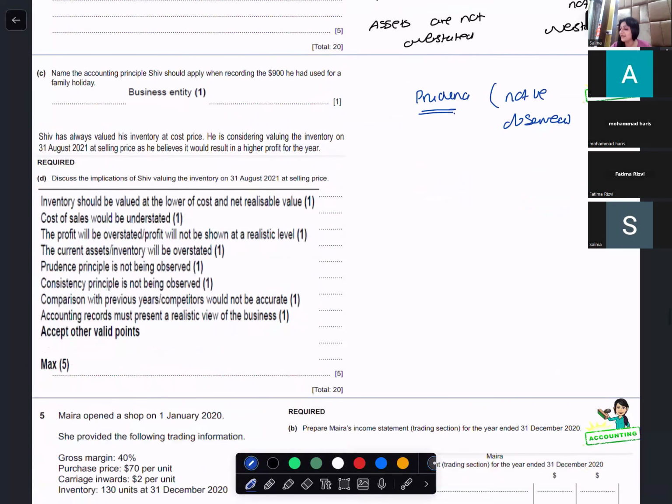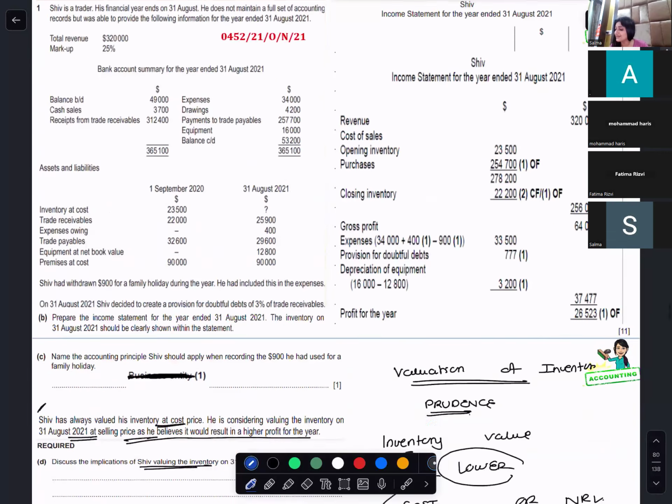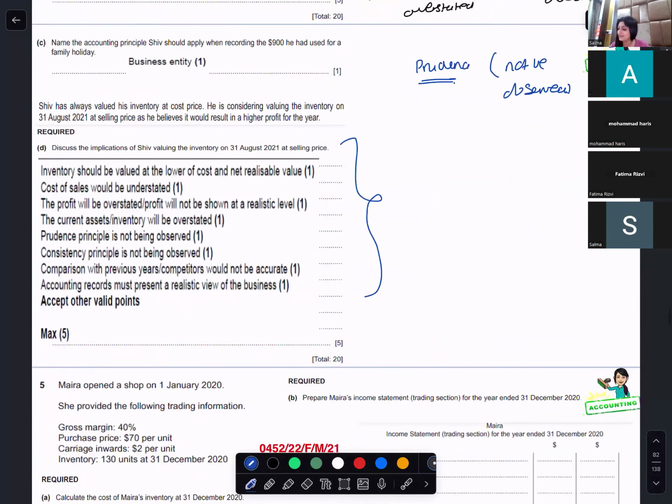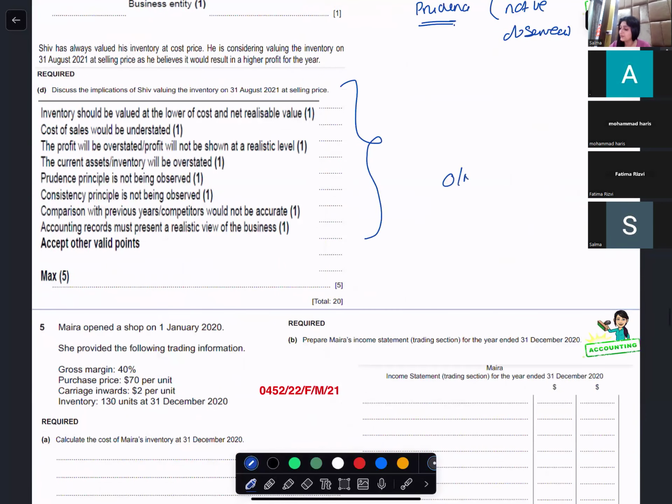So they want the implications of changing the method of inventory valuation. You need to give 5 points. I'm giving you time. Please write the 5 points. And with this, we complete this question of October-November 2021, paper 21. Come on, do it.